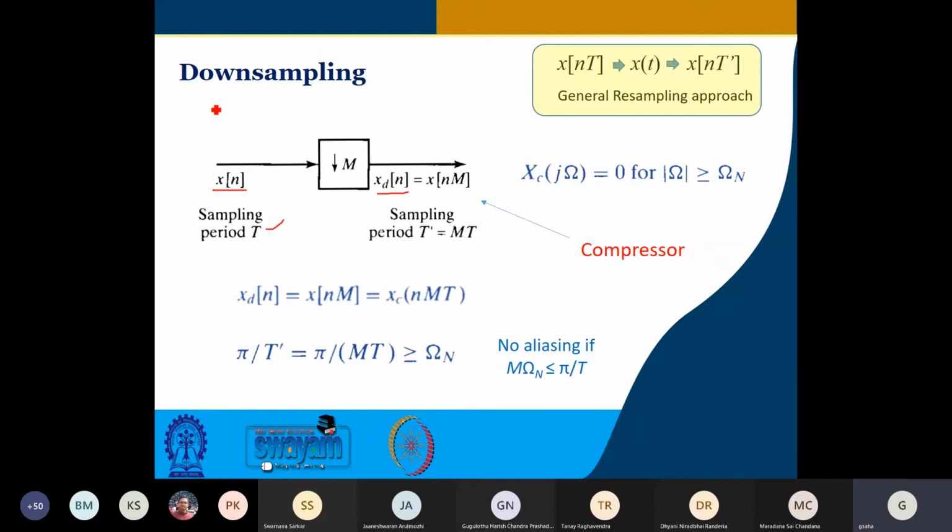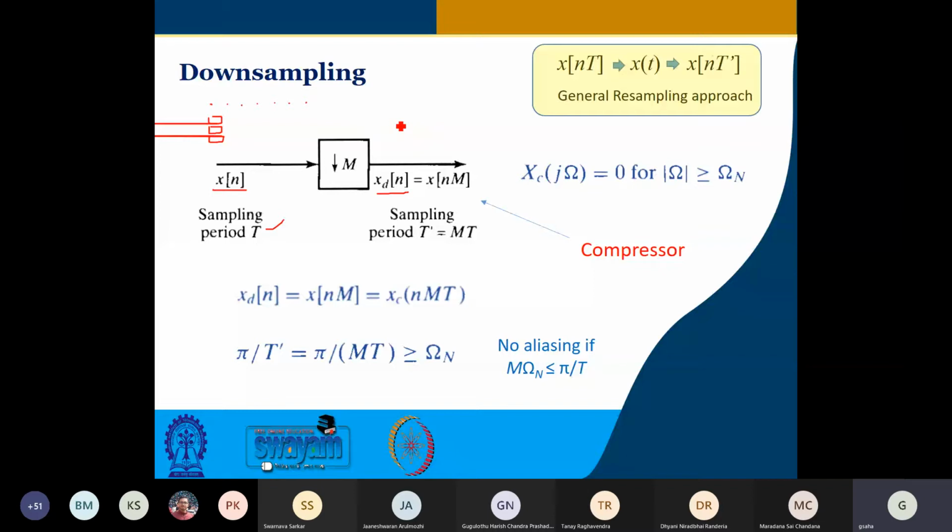So what does it mean? Suppose we have samples here, like this, and finally each of these samples is stored in memory.